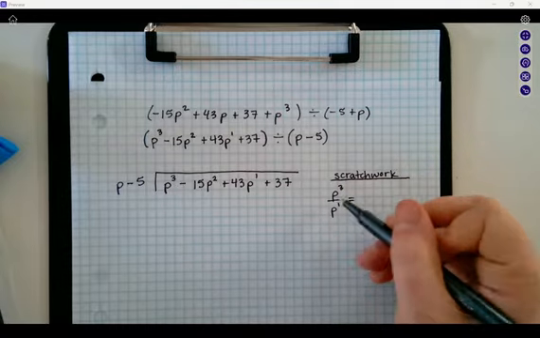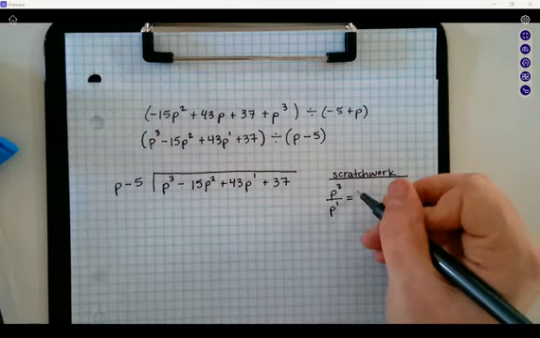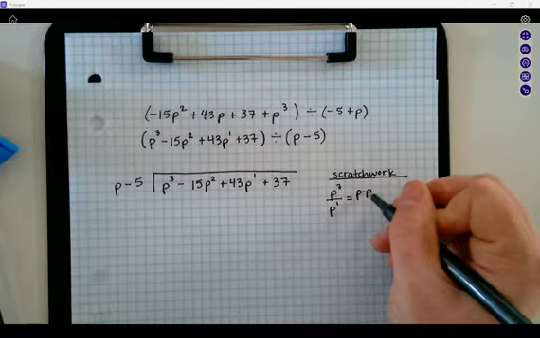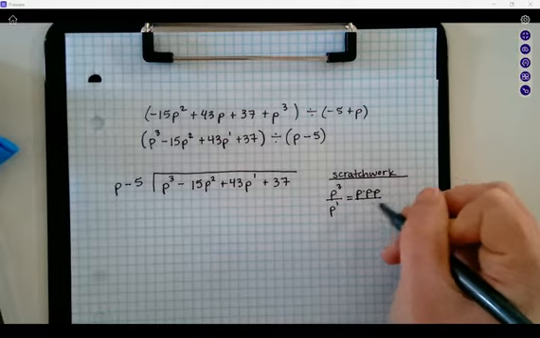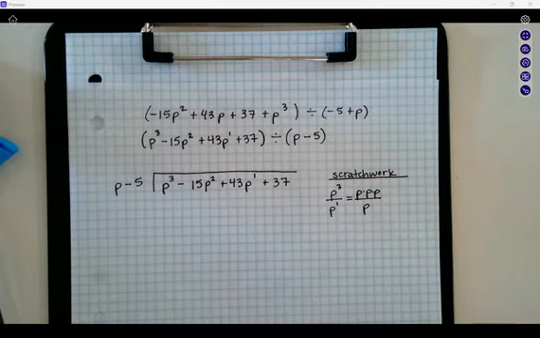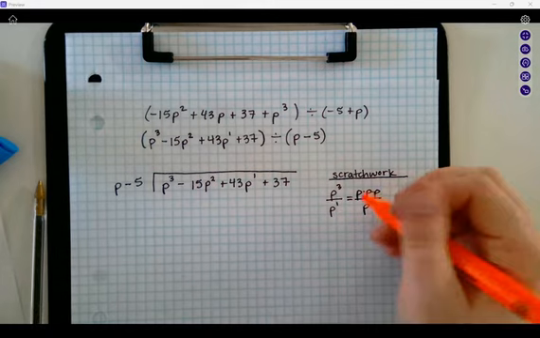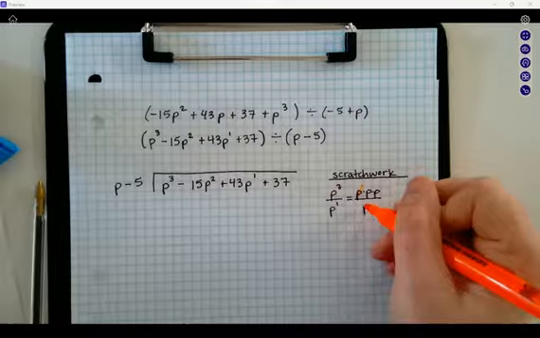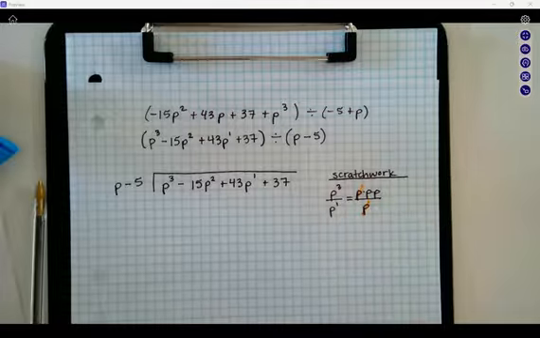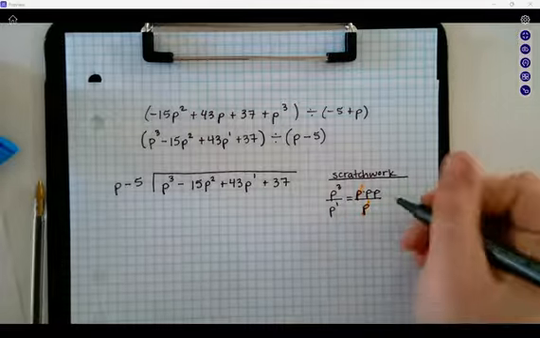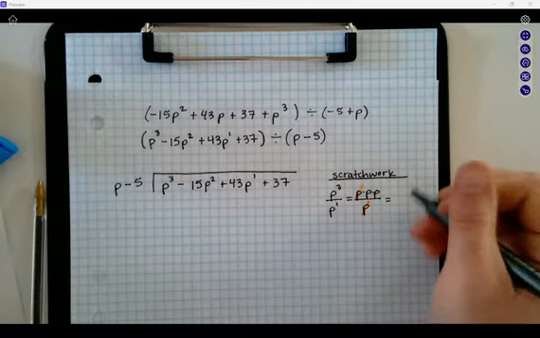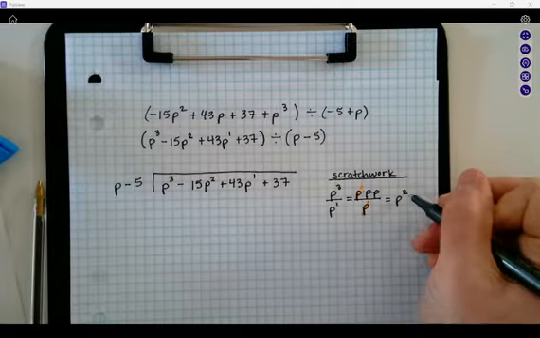I personally like to expand. So I'm going to take this p cubed and expand it as p times p times p. All of that's divided by p. I'm going to have 1p from the numerator and denominator simplify. So that's going to leave me with p times p, which is just p squared.